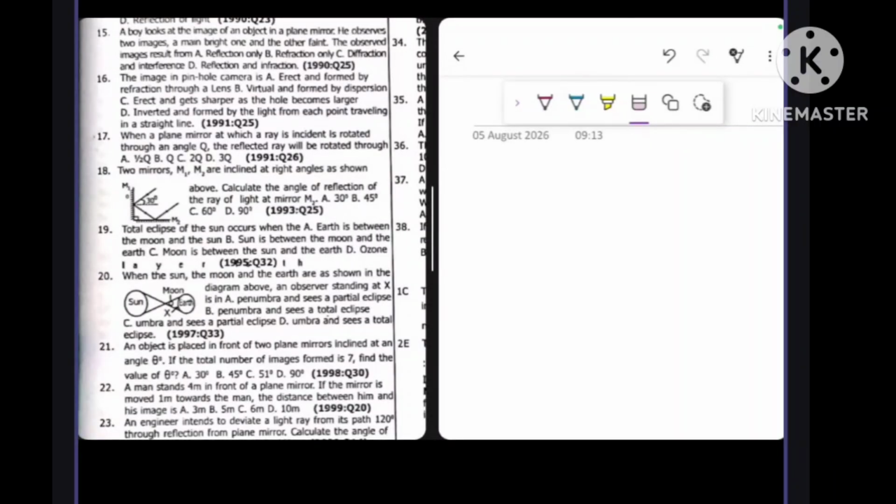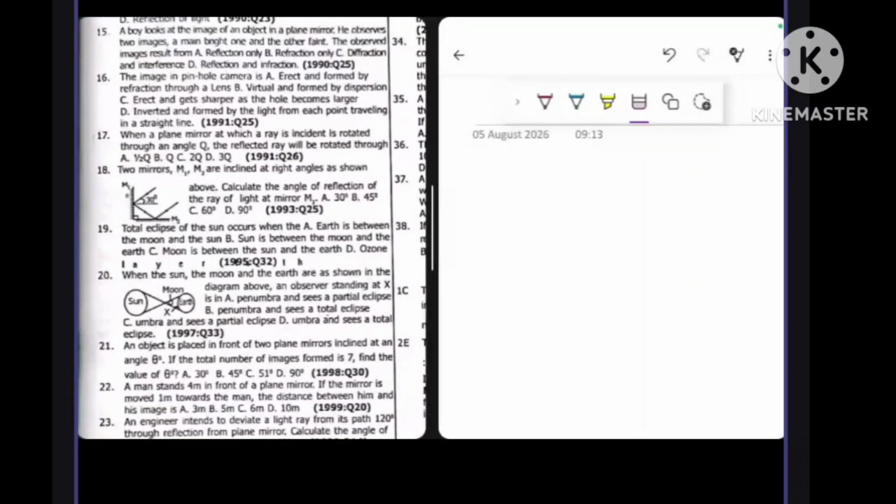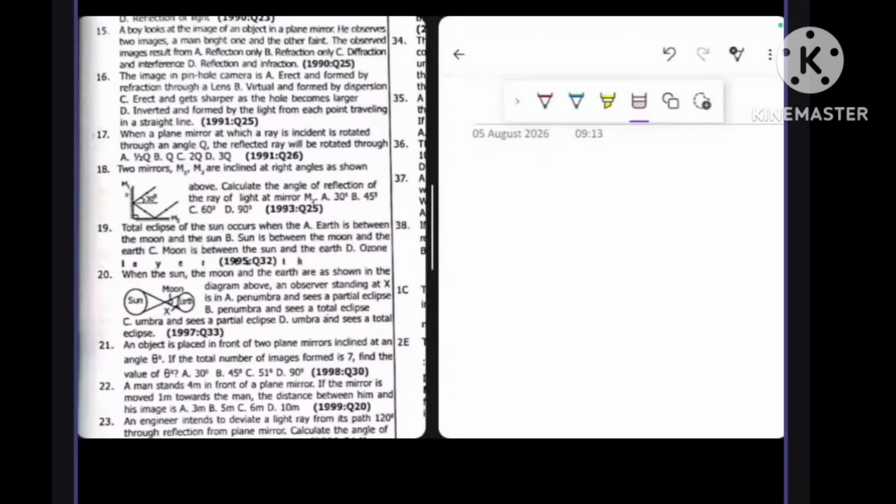So where is the observer and what would the observer experience? A penumbra and sees a partial eclipse. Okay. We have one input here. What about the others? Where are the rest? Yes, please answer.